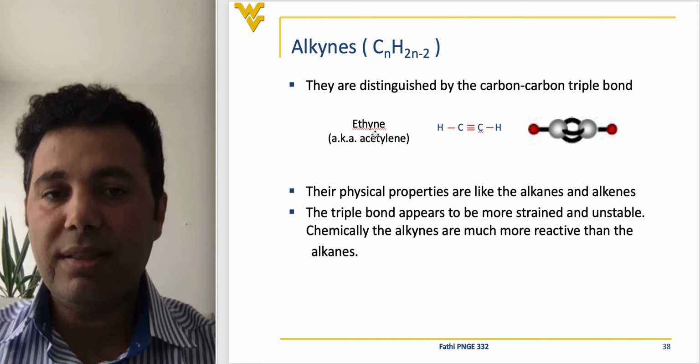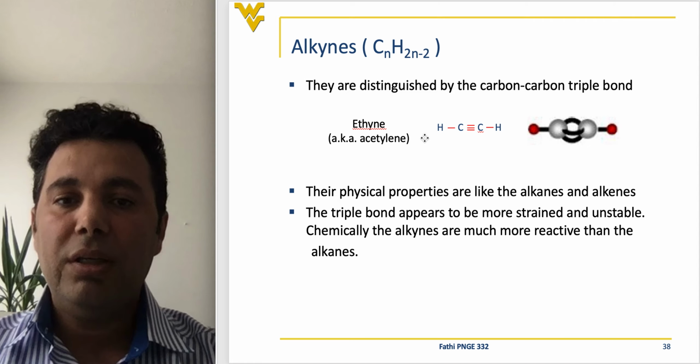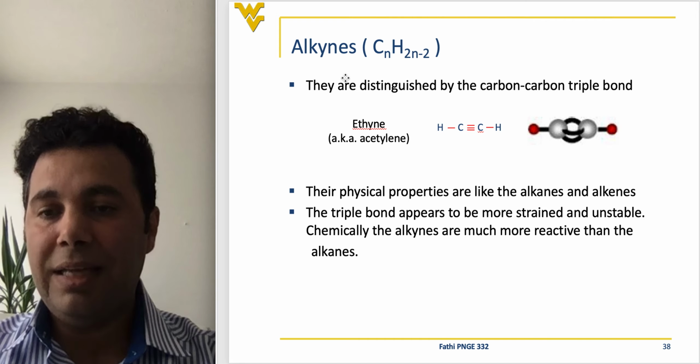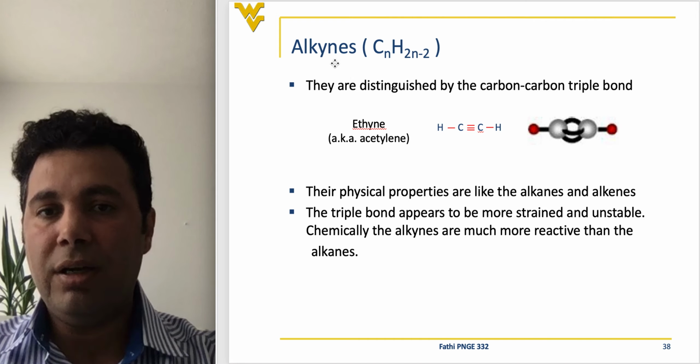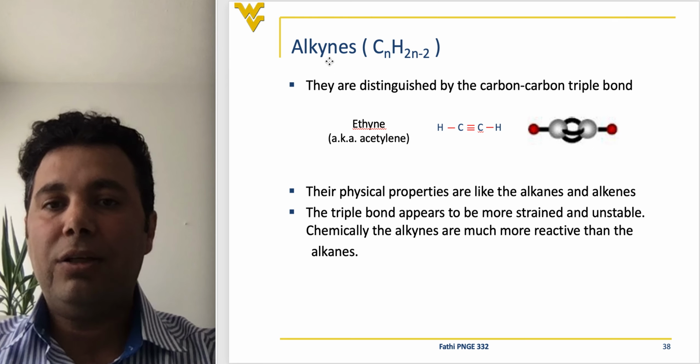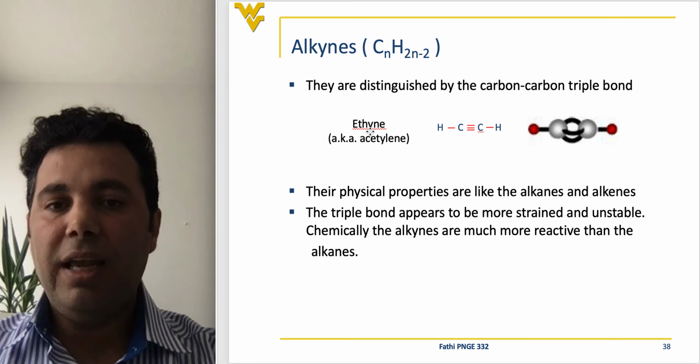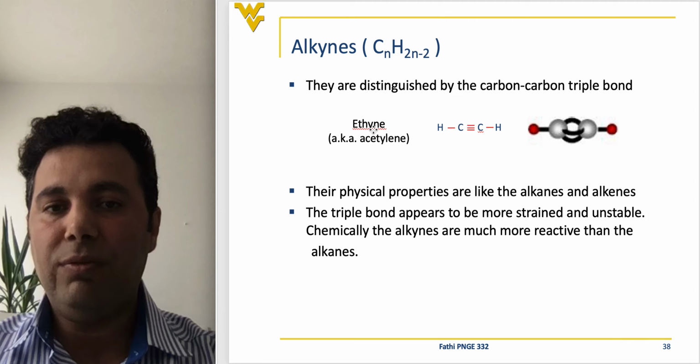So as soon as I see the triple bond, I know this belongs to the alkyne group. So the name has to end with YNE instead of ENE in alkenes or ANE in alkanes. As soon as I see the YNE, I know this belongs to the alkyne group. Or as soon as I see the triple bond, I know the name has to end with YNE.